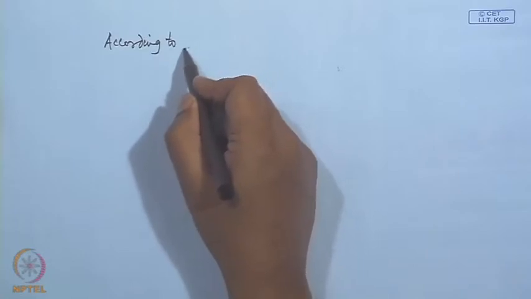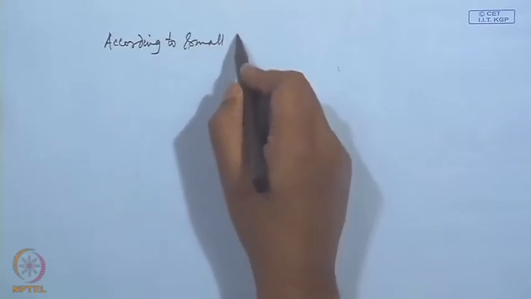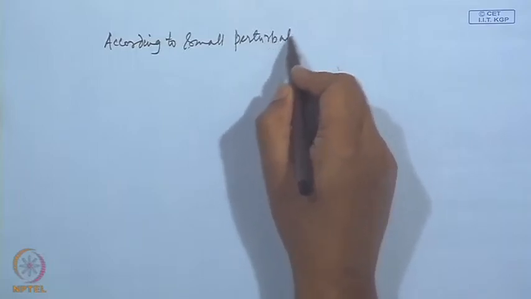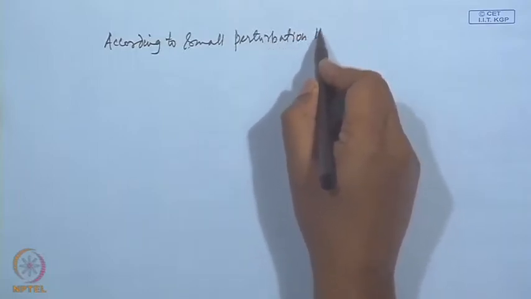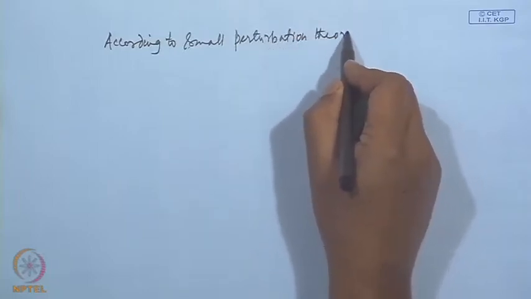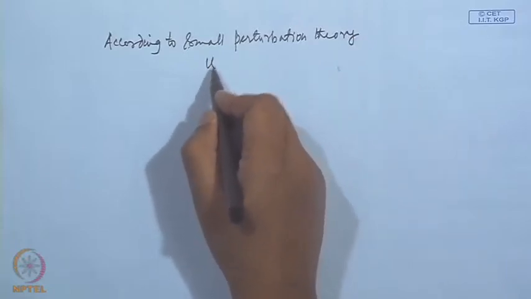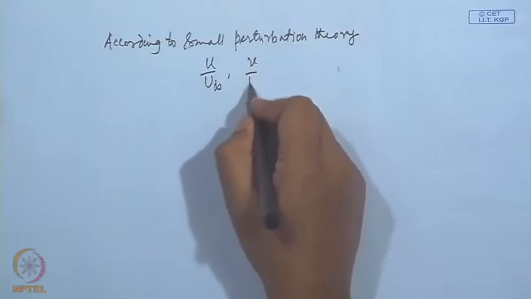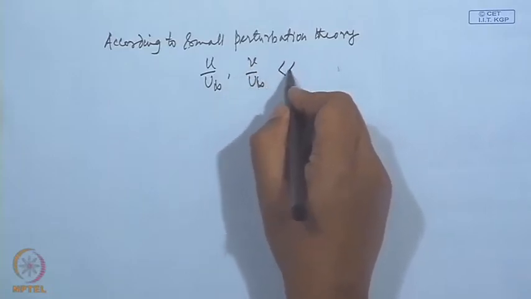According to small perturbation theory, that is when the solution is valid, u by u infinity and v by u infinity are smaller than 1.